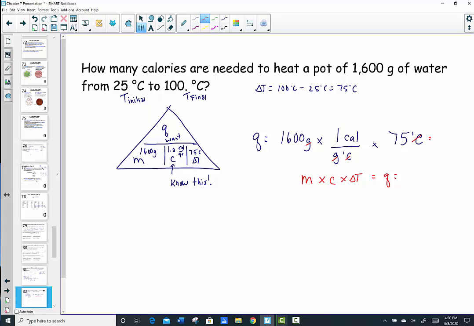So we're just going to take 1,600 times 75, and we get a big number. How many zeros are on your screen? 120,000? And there's your answer. 2 sig figs? That will work. How'd you do? Shall we try another?